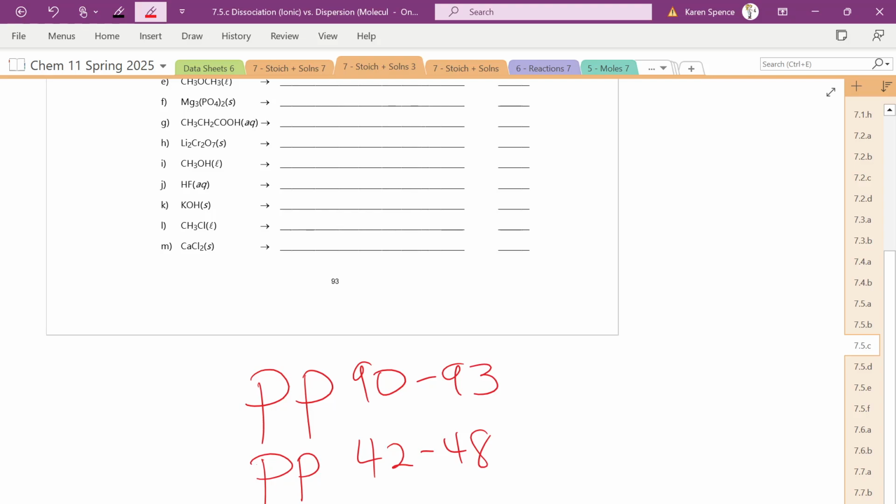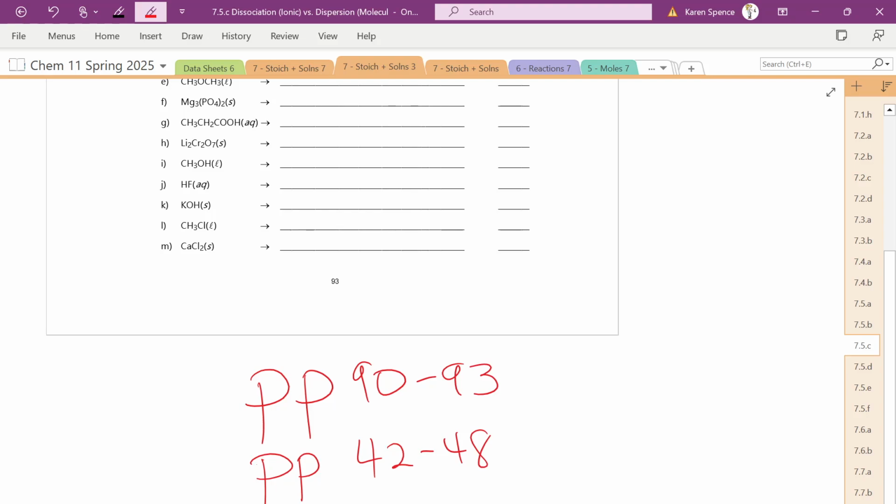No. Don't worry too much about the state of originally. You're all going to be dissolved in water, so what happens? So all the products should be. Good. Oh, NH3.